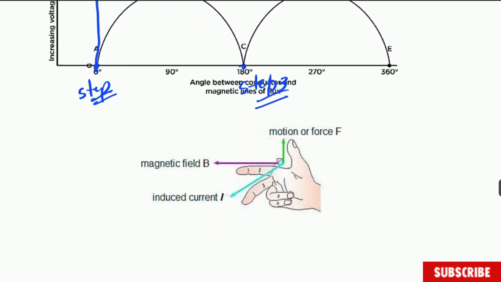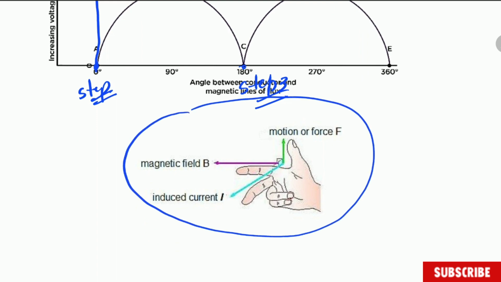Okay, now something important is how to determine the direction in which the current is flowing, or in which the generator is rotating, and that is going to be using the right hand rule. Remember, the right hand rule is not a law, it is a rule. Okay, so different people, different teachers will use the rule differently. Now, the one I like is this one.